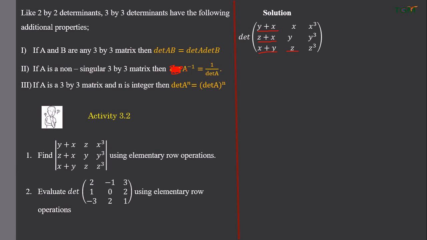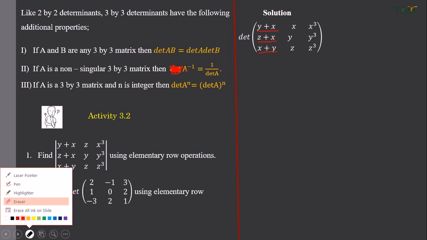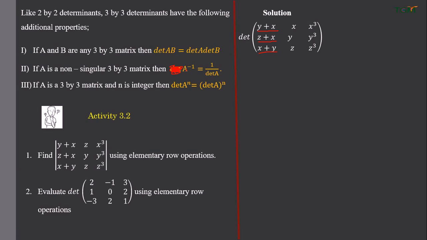So the first operation that we are going to carry out, we are going to make sure that in the first column we have the same entries. What operation can we apply in order to have the first column with same entries?